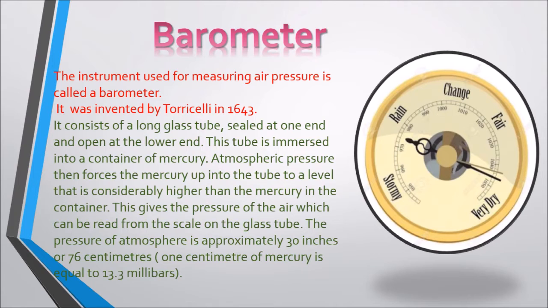Atmospheric pressure then forces the mercury up into the tube to a level that is considerably higher than the mercury in the container. This gives the pressure of the air, which can be read from the scale on the glass tube. The pressure of the atmosphere is approximately 30 inches or 76 centimeters.